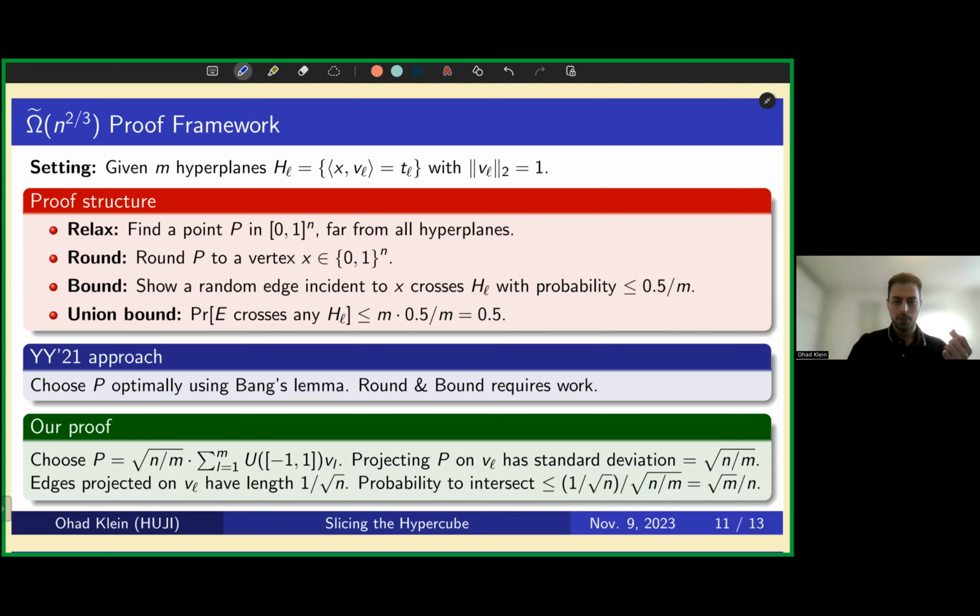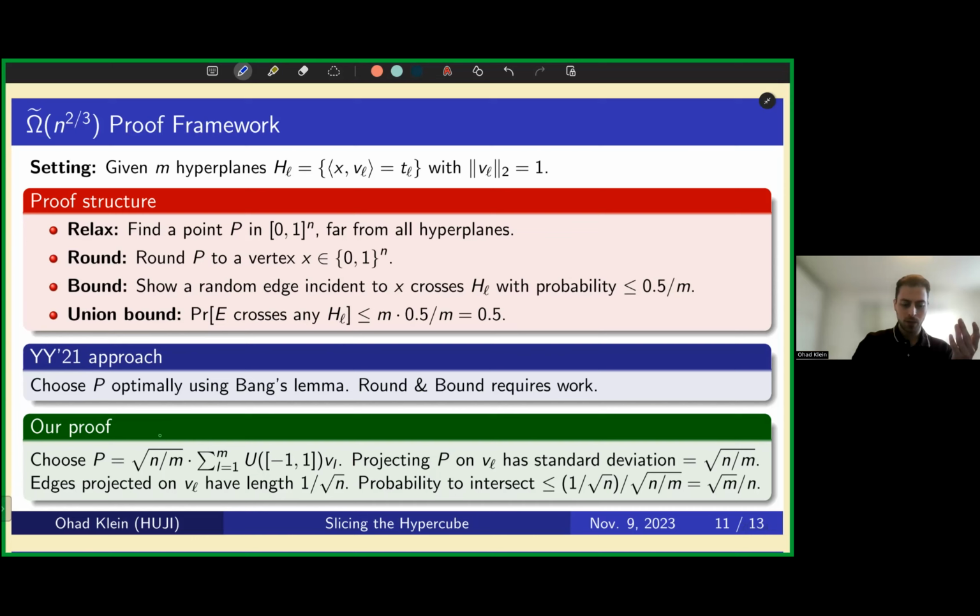And now, if we use our view of using this projection, then we want P to have large variance on each direction that is parallel to one of the normal vectors v. We want P to have a large component on each normal vector. So what we do is to define P in a probabilistic way.